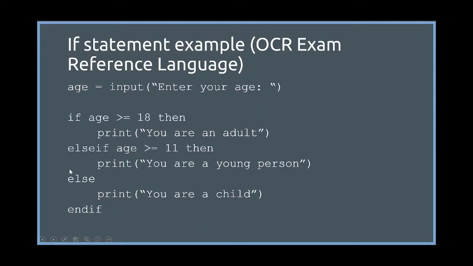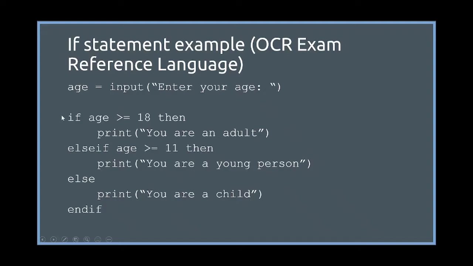If it's anything else, then print you are a child. Everything that's 18 or over will be an adult. Anything that's 11 or over but less than 18 prints you are a young person. And if it's anything else, so that's anything younger than 11, it'll print you are a child.